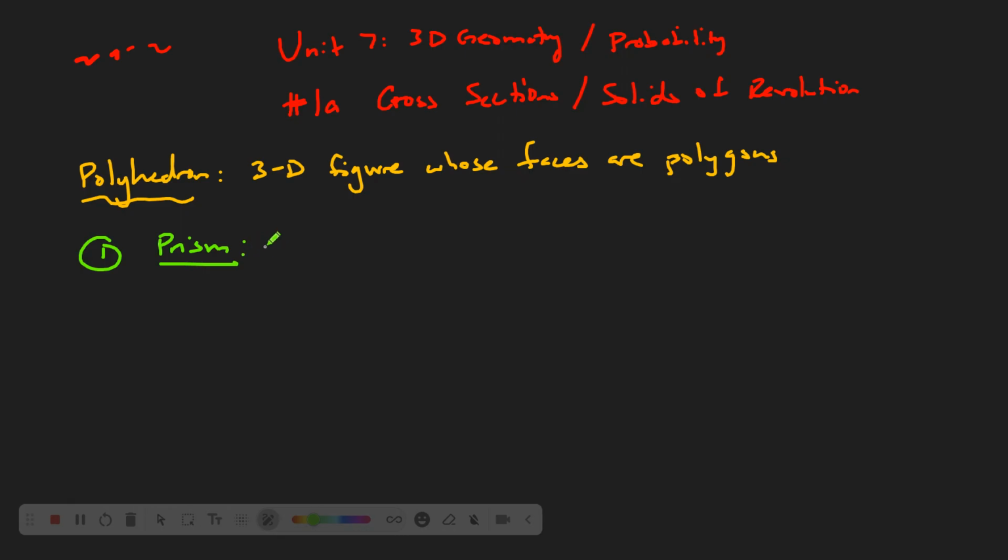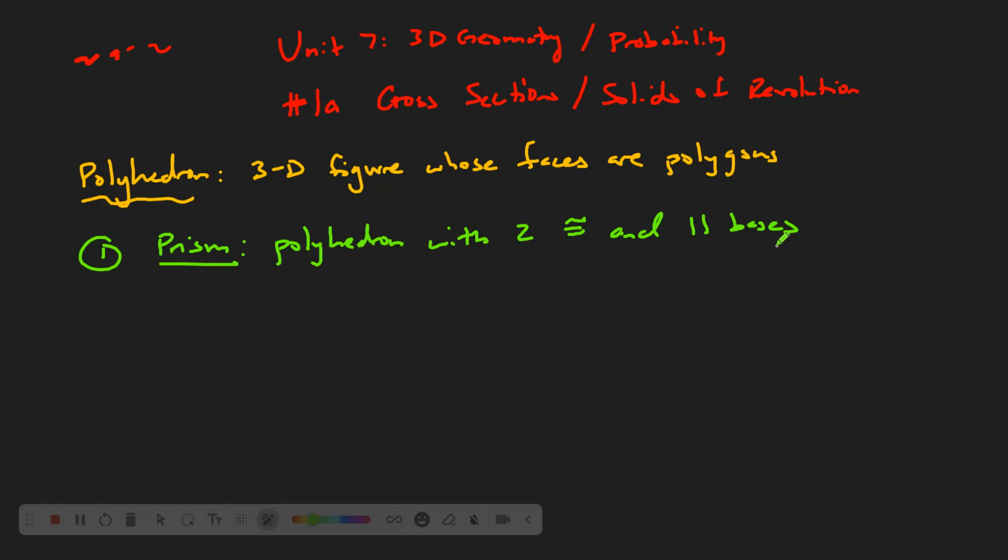A prism is a polyhedron, and we're also going to talk about the circular prism, so be aware, with 2 congruent and parallel bases.